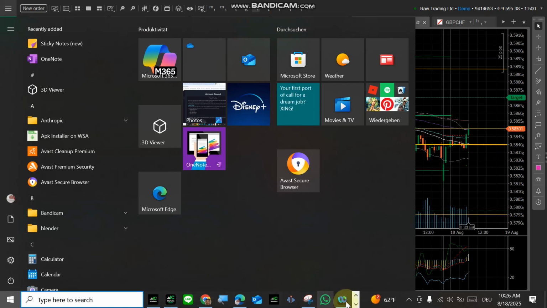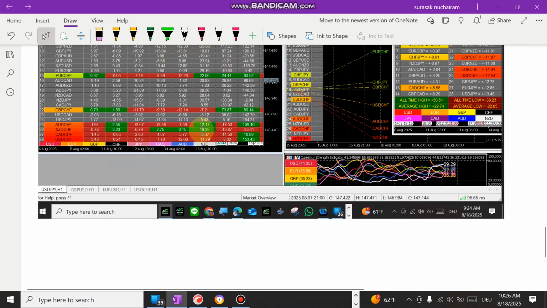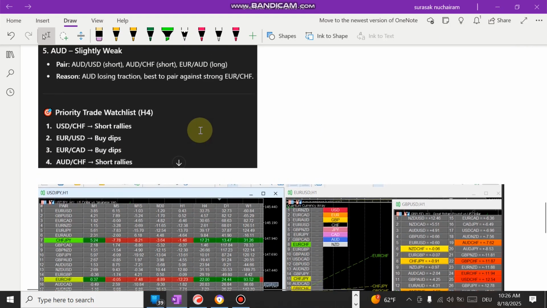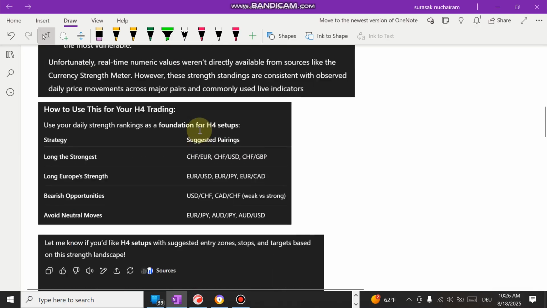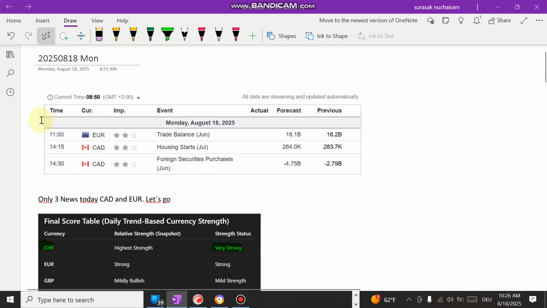I have already plotted some in my PA. This is for today, GBP modified. Look from the beginning of the day I start. There is not that much news, but trade balance euro at 11 o'clock is about soon.